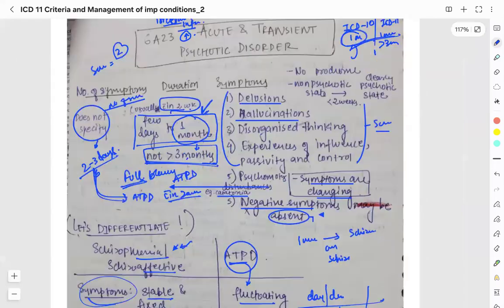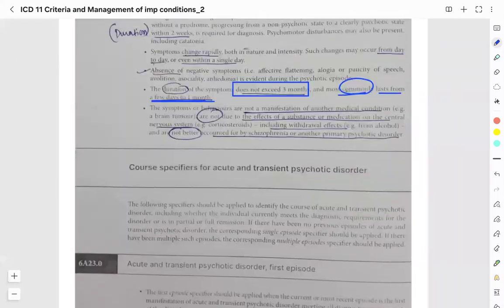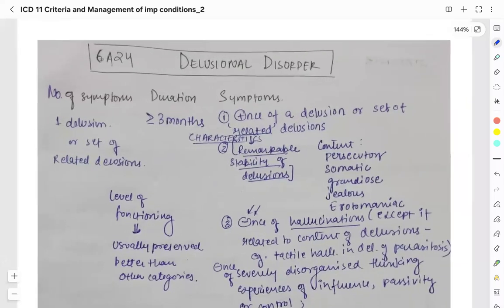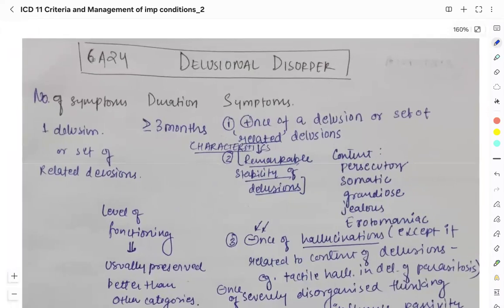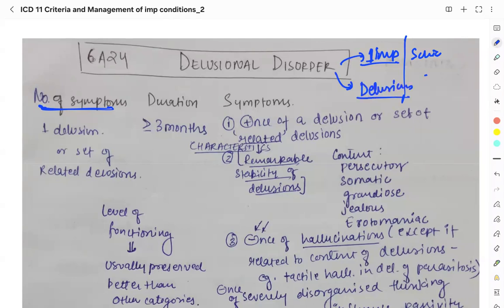So when we come to delusional disorder, this is important. One important thing that actually distinguishes delusional disorder from schizophrenia is that in delusional disorder, the delusions are related to each other.